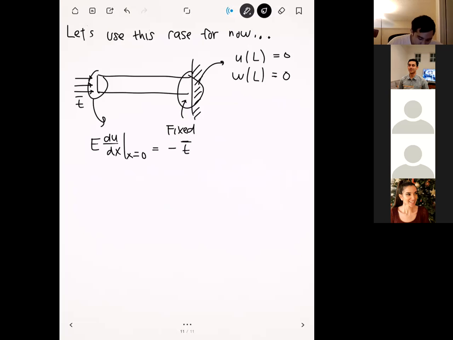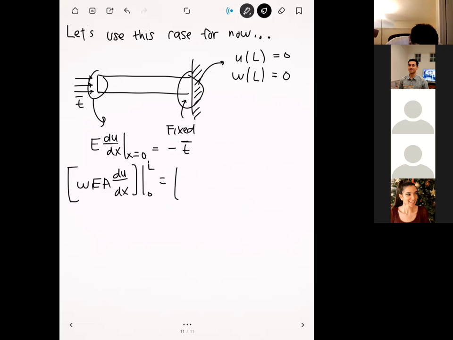And so now let's actually evaluate that term that we had there. That term was w E A du dx, evaluated from 0 to L. And when we evaluate this, it splits up into two. We have one term that's evaluated at x is equal to L, and then we have another term that's evaluated at x is equal to 0.